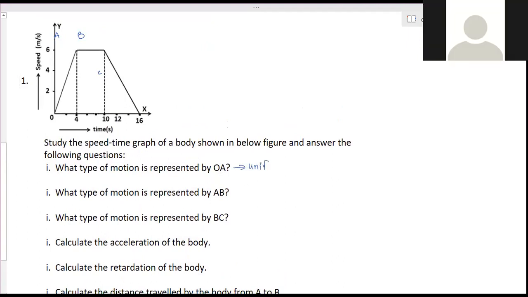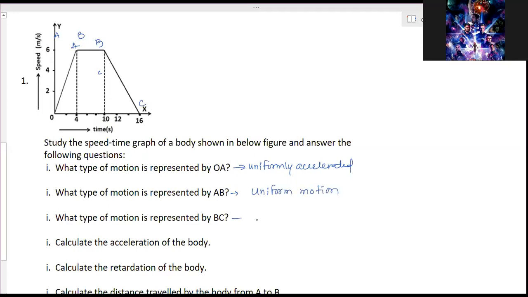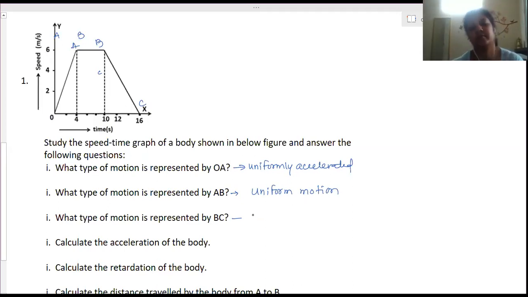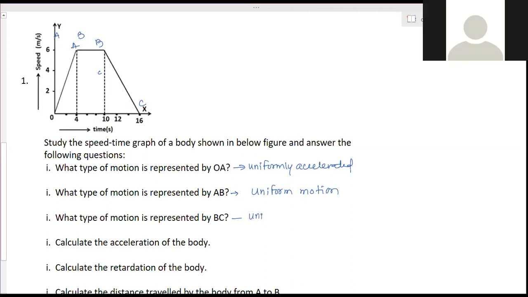Ma'am, which question number is this according to the worksheet? 25. Ma'am, should we write this question? Yes. Then, ma'am, AB is uniform motion. BC is uniformly decelerated motion or retarded motion.